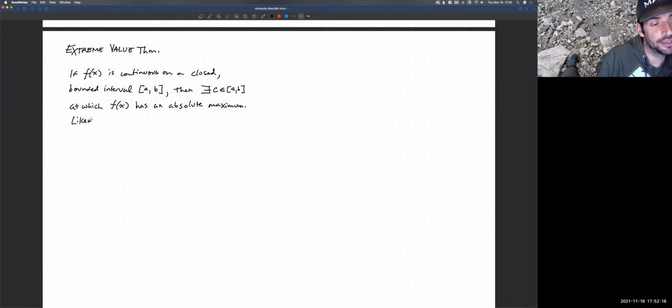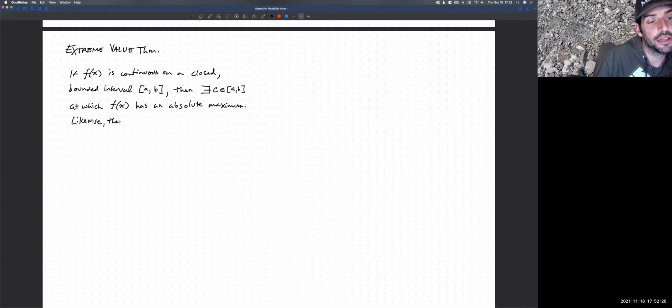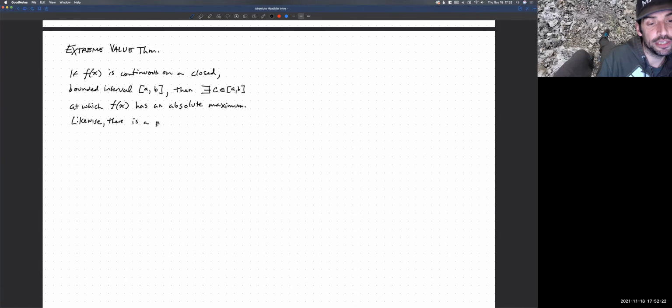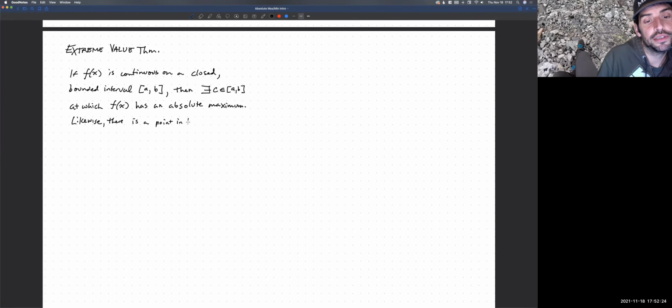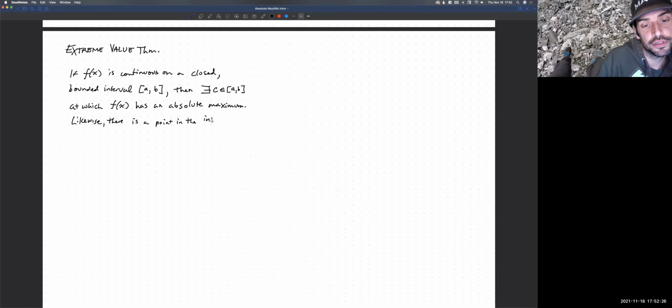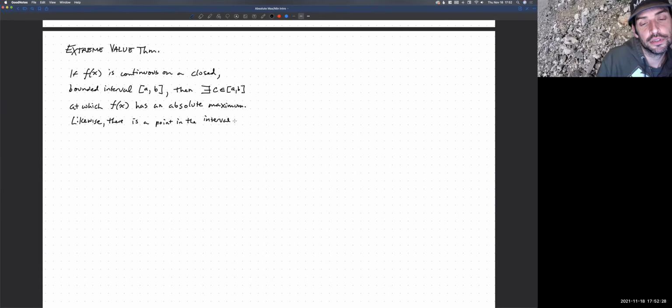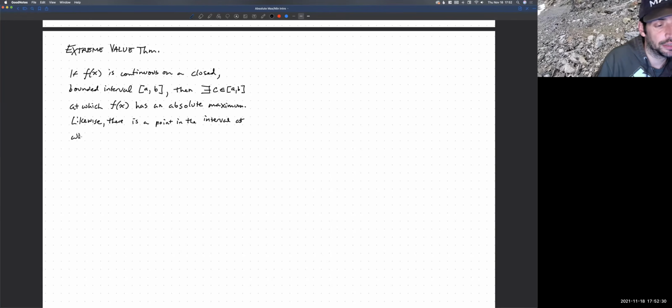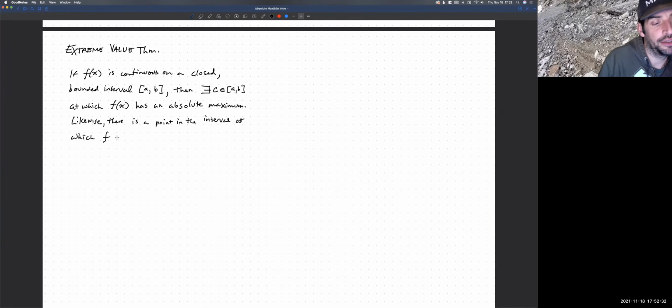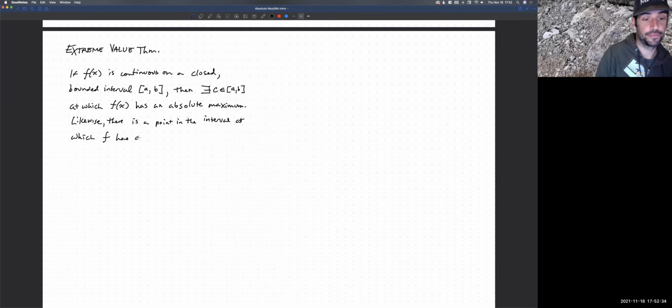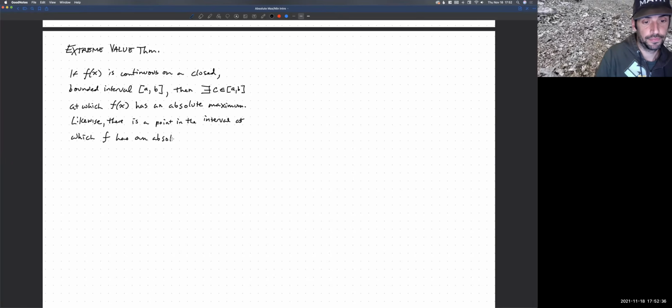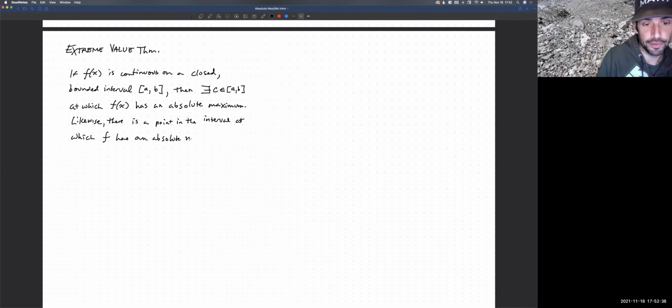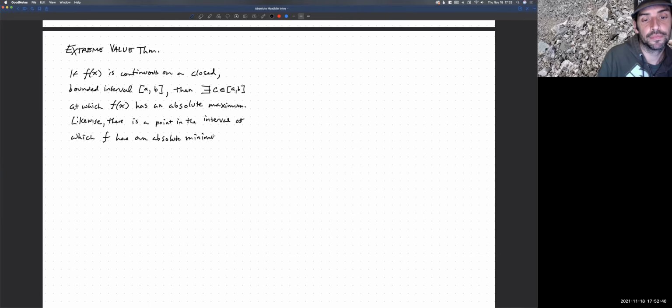Likewise, there is a point in the interval at which f has an absolute minimum. We already did maximum, minimum.